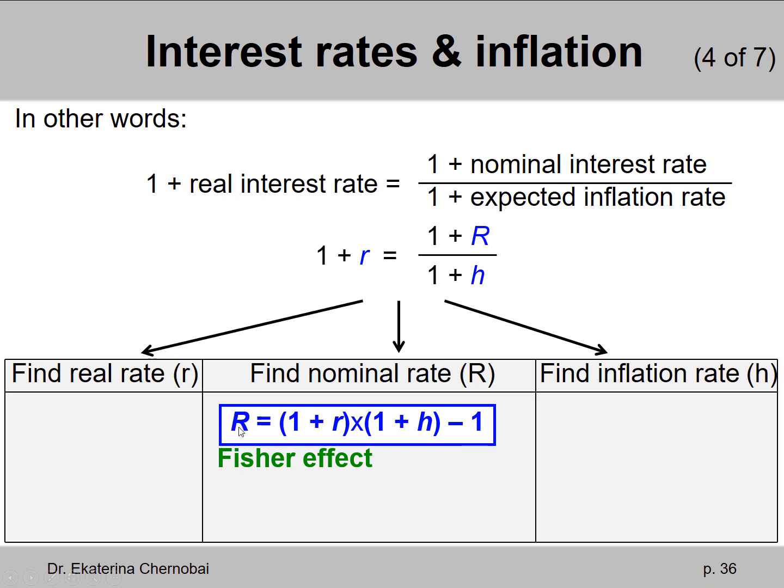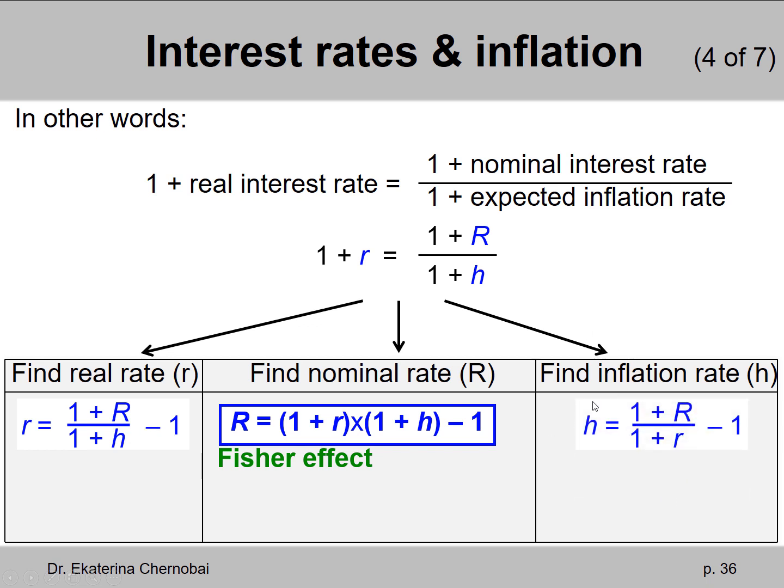So the nominal interest rate, uppercase R, equals 1 plus lowercase r, and then that whole thing is multiplied by 1 plus h, and then we subtract 1. If instead we rearrange the original formula to solve for the real interest rate, lowercase r, you would get a fraction with 1 plus R in the numerator, 1 plus h in the denominator, and then you subtract 1.